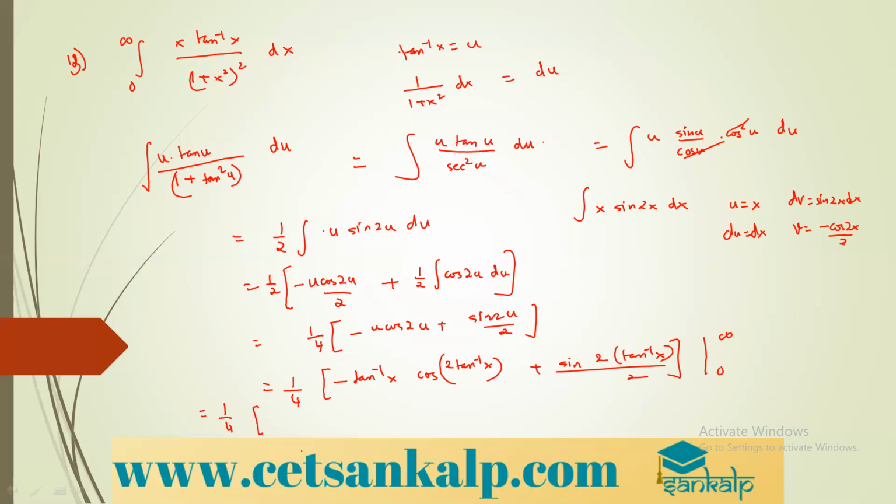Tan inverse infinity is pi by 2. So minus pi by 2 cos 2 pi by 2 plus sine 2 pi by 2 by 2. Of course, 0 will make it 0 everywhere. So that will be 1 by 4 into cos pi is minus 1. So pi by 2 and the other one will become 0. That means pi by 8 would be the answer.